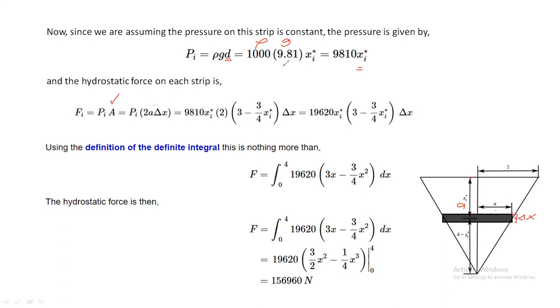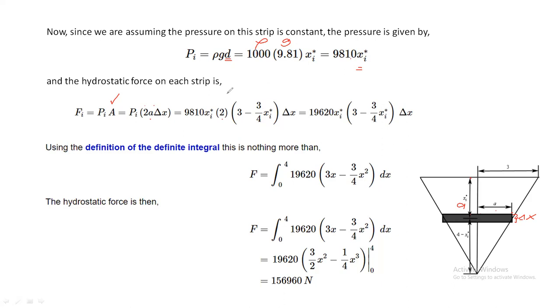Then you just copy the pressure here. So 1000 times 9.81, that's 9,810 x sub I asterisk. You have the 2 from here. What is this A? The A is the A that we got on the previous page. I hope you were able to get it. The A is 3 minus 3/4 x sub I asterisk. This time, A is expressed in terms of x.